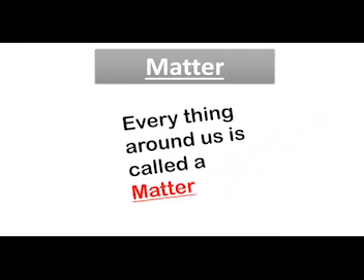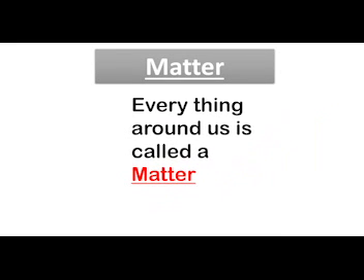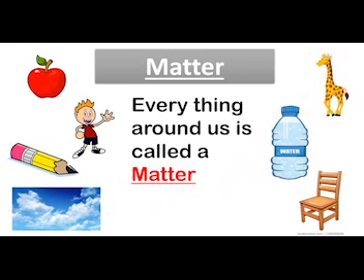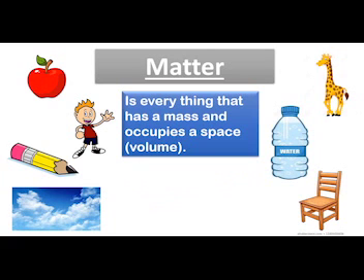All the previous things have one name in science. We call them matter. Everything around us is matter. So what is matter? Matter is everything that has mass and occupies a space.